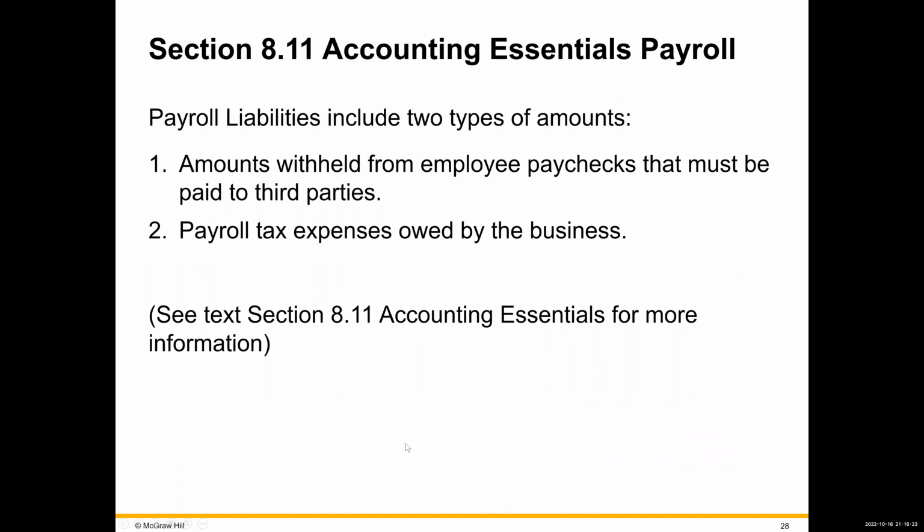And the last slide is about just accounting essentials. I actually covered this in a different way, but they say that payroll liabilities include two types. One, the amounts withheld from an employee paycheck. Well, that's the employee journal entry, and that's the one where I said that you withheld from their check.